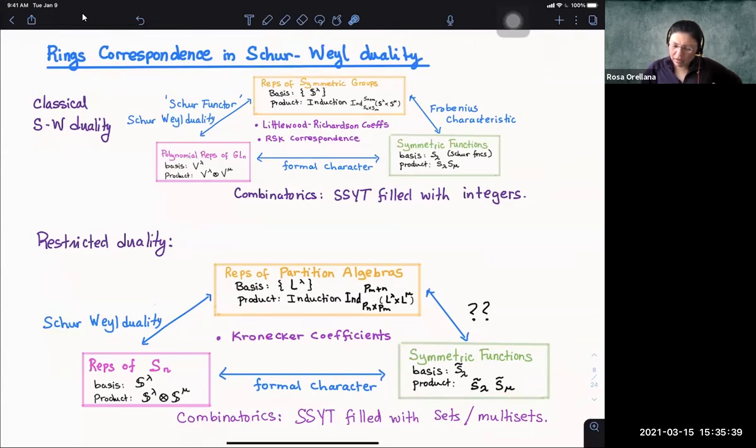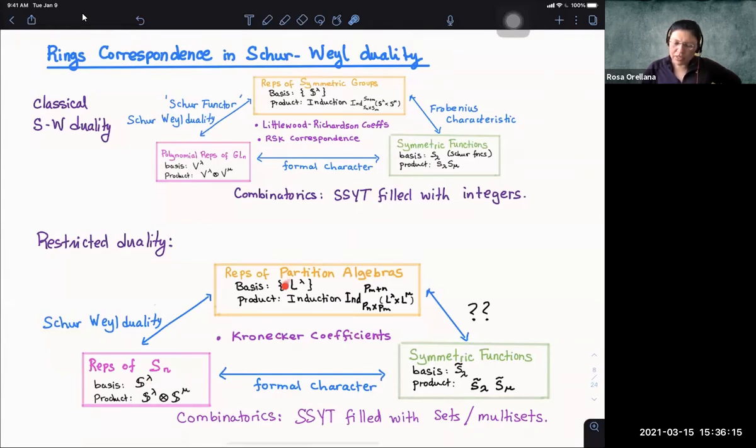But what we discovered, as you see that what I showed you in the previous slide was a corollary of what we were finding out, is that the combinatorics in this picture were semi-standard Young tableaux or column strict tableaux that are filled with sets or multisets. All the objects that we kept encountering are either filled with sets or multisets. So then we started to try to construct the corresponding products, which are all Kronecker coefficients.